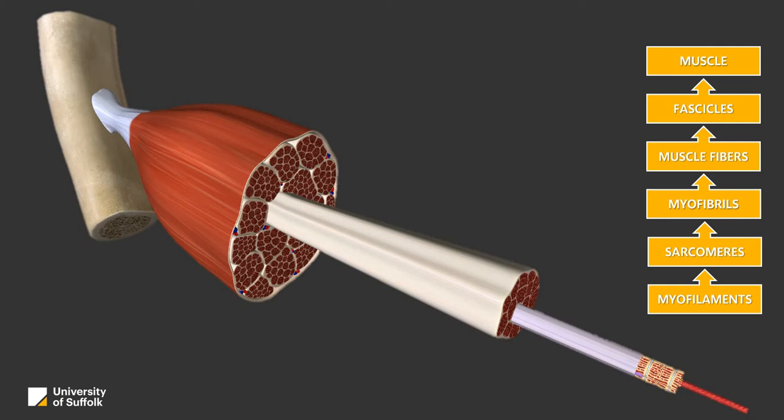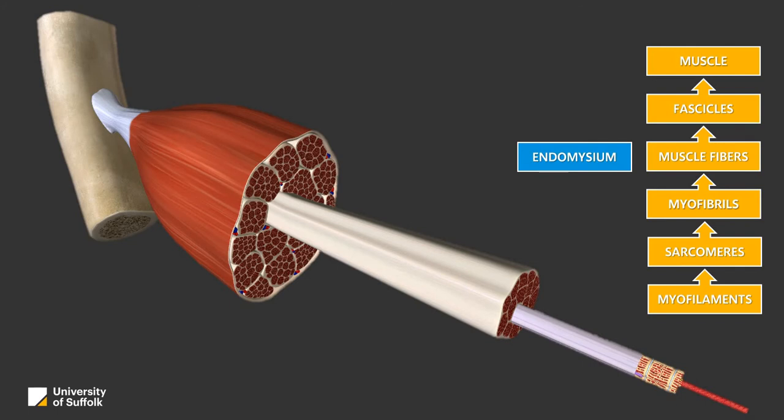Now, in order to keep each of these muscle fibers, myofibrils, and the muscle itself separate yet also held together and connected, we have various layers of connective tissue which permeate throughout the muscle but are all interconnected. So, for example, each muscle fiber is wrapped in its own protective layer known as the endomysium.